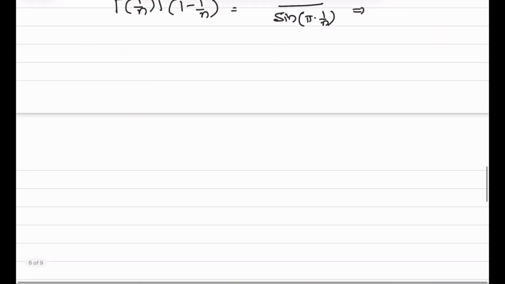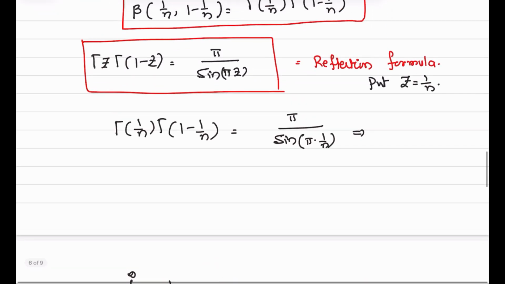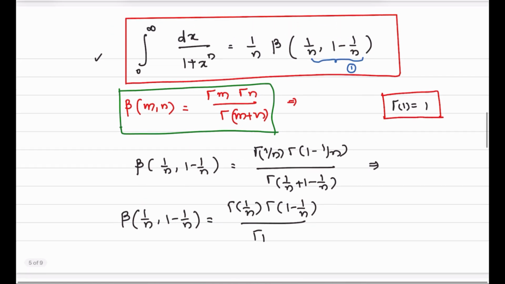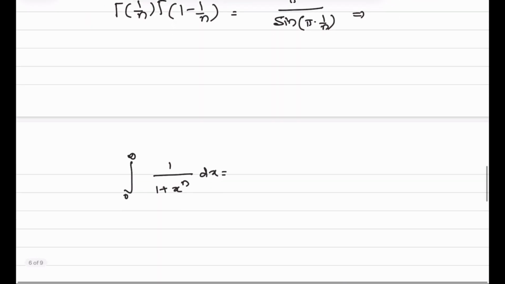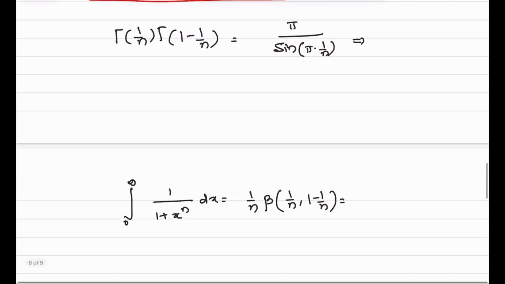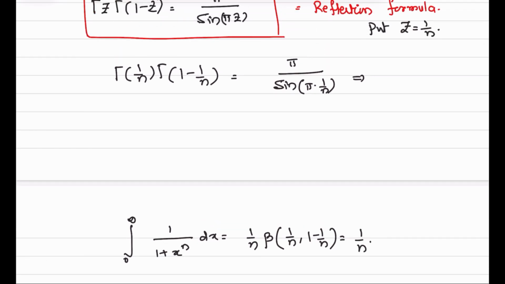Therefore, by substituting this value, integral 0 to infinity 1 by 1 plus x to the power of n dx is equal to 1 by n into beta of 1 by n, 1 minus 1 by n, which is equal to 1 by n into gamma 1 by n into gamma 1 minus 1 by n.